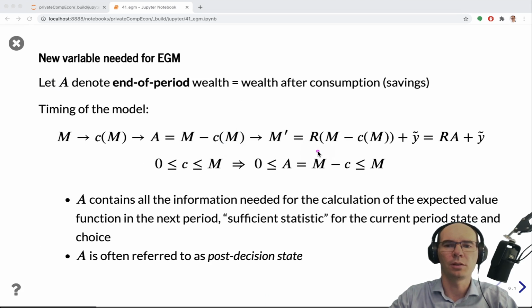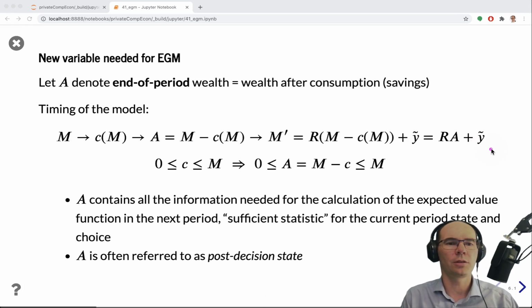And then, of course, this grows. This is exactly the amount that entered the intertemporal budget constraint. So this amount of savings earns some interest, grows with some gross return, and then we add the income to that amount.